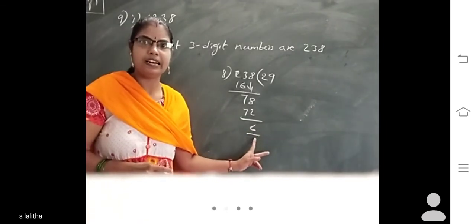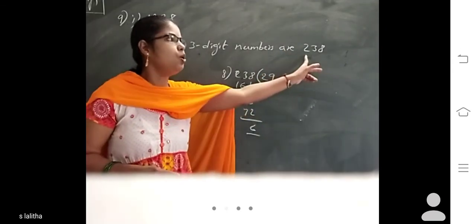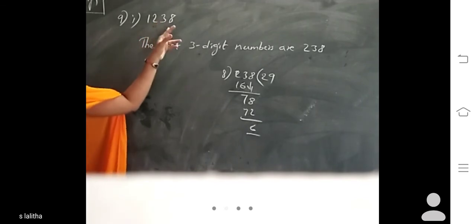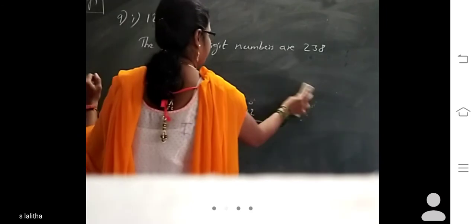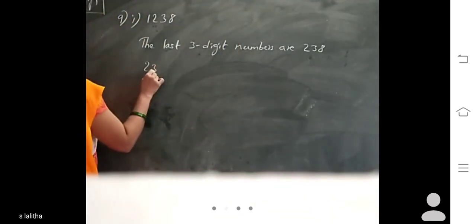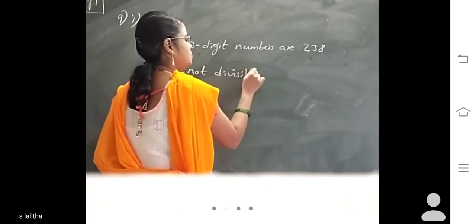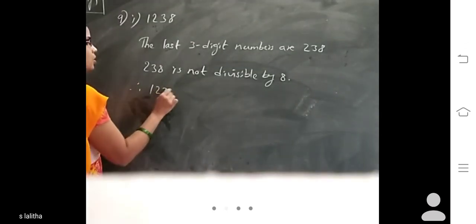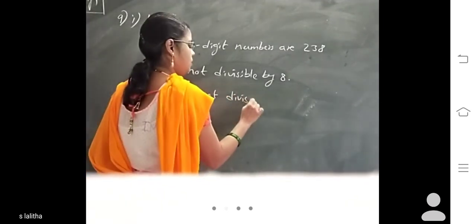So 238 is not divisible by 8, therefore the whole number 1238 is not divisible by 8.